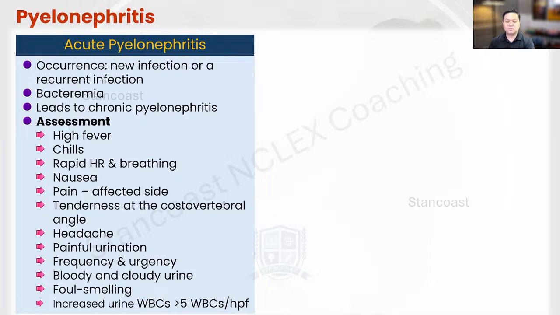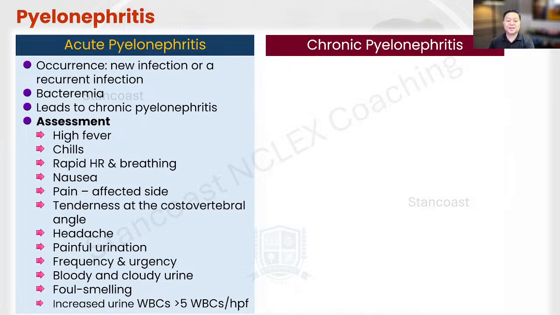So definitely this is one of those key features telling you that there is an active infection in the urinary tract. Now for chronic pyelonephritis, the patient here is usually asymptomatic up until there is an infection, or let's say an exacerbation. Because when they have chronic pyelonephritis, there's also some damage that has been done to the parenchyma.